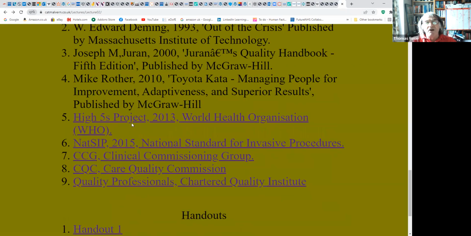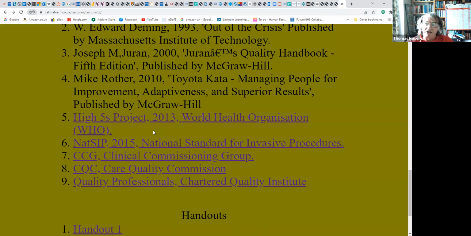This High Fives project is really good. It was started in 2000. Well, in fact, the interim report was published in 2013, and the final report hasn't yet been published. And it's to do with trying to implement standardized working practices within the NHS, which is a prerequisite really for quality management.